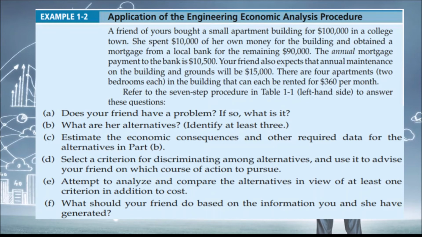Letter E. Attempt to analyze and compare the alternatives in view of at least one criterion in addition to cost. Letter F. What should your friend do based on the information you and she have generated?